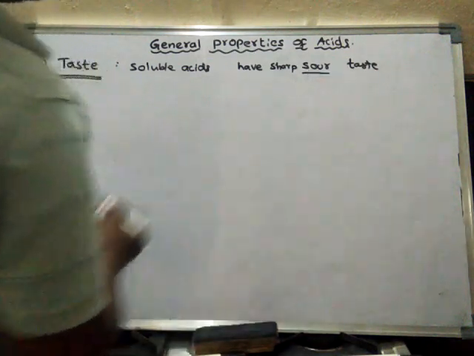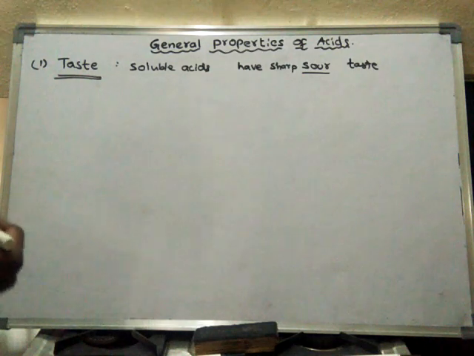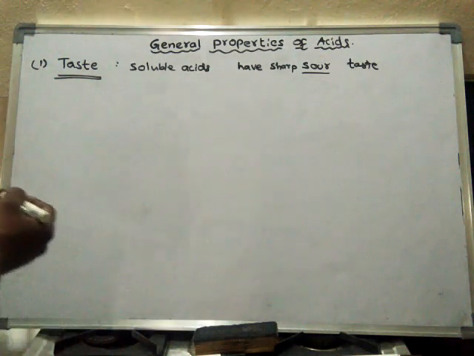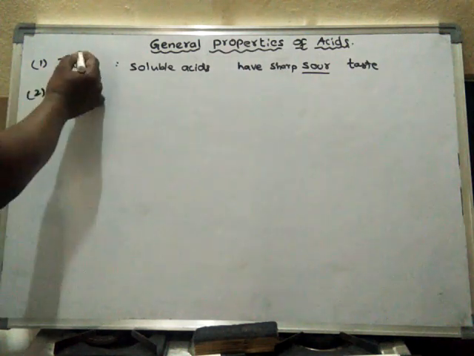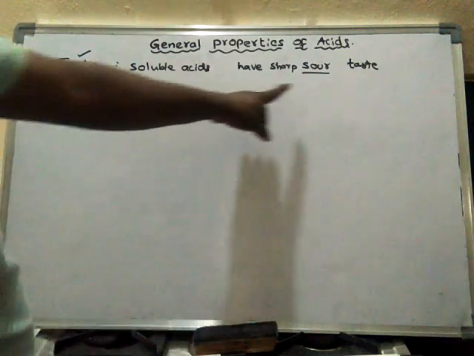What is the meaning of sour? Sour means pullaga undadam. So soluble acids have a sharp sour taste. This is about the property of taste. How do acids taste? They taste sour.